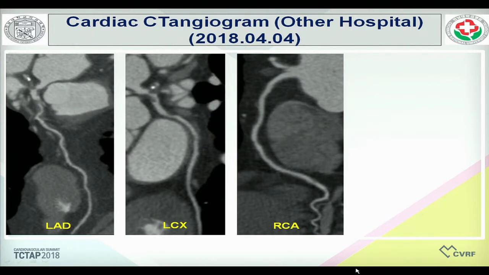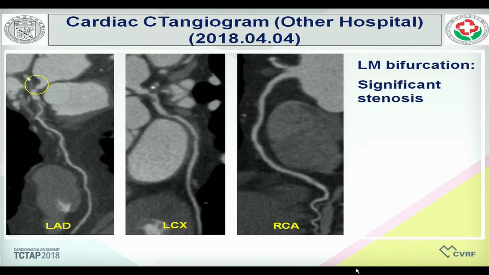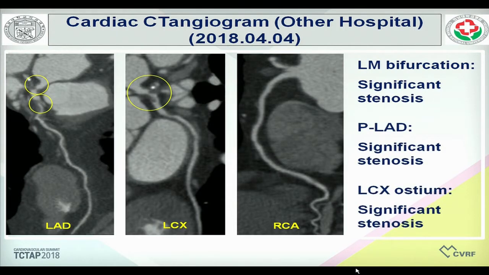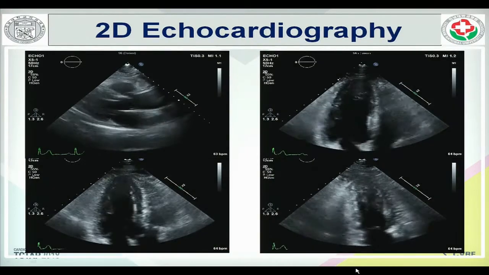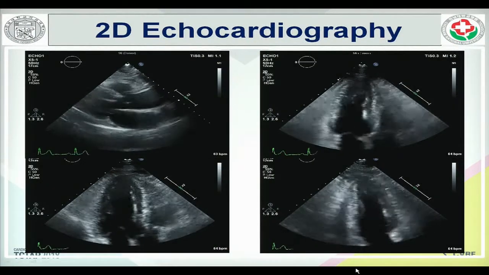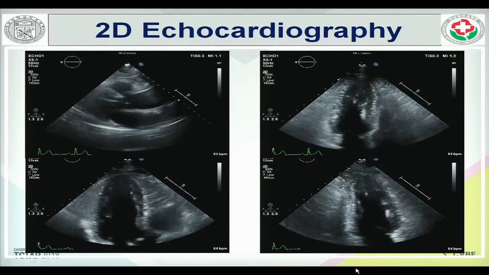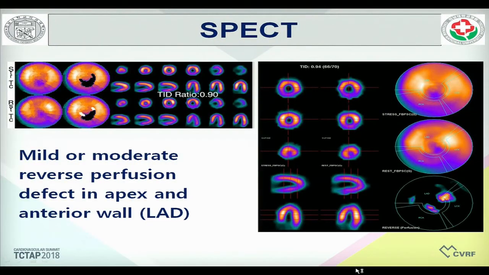Cardiac CT angiogram revealed significant stenosis in the left main, proximal LAD and circumflex ostium. Normal ejection fraction without regional wall motion abnormality. We performed a SPECT. It showed a mild to moderate perfusion defect in the LAD territory.